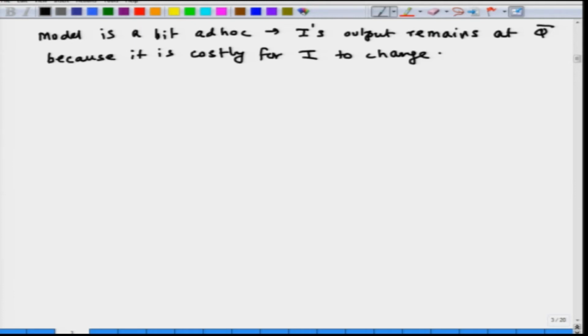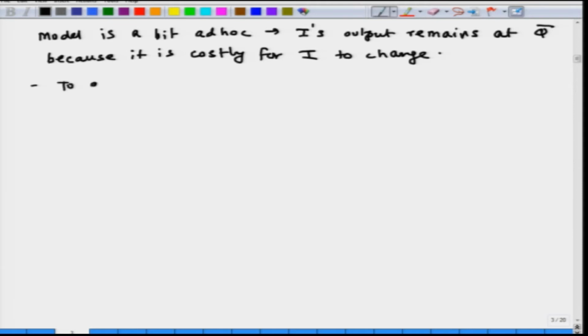Now, to have a richer model, we need to relax this assumption and essentially look at what happens to the post entry game between the entrant and the incumbent.